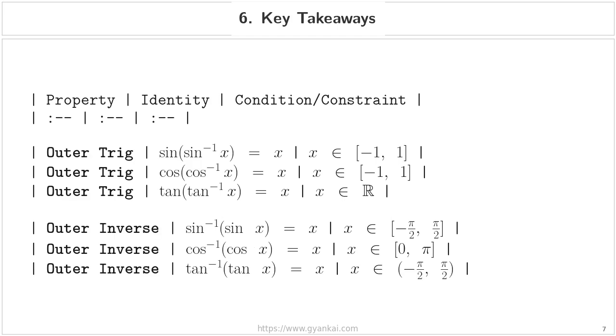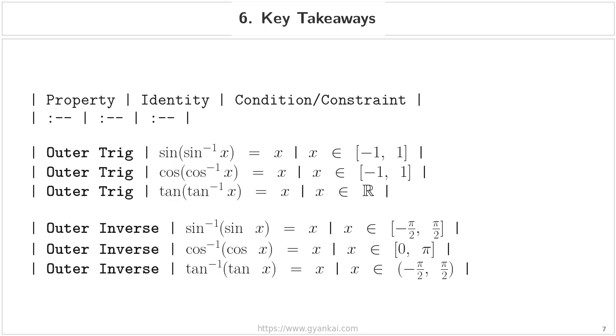Now, let's move to the bottom 3 rows, where the inverse function is the outer function. Please recall our lock and key analogy and the warning against blind cancellation from the previous slide. In these cases, the result is only x if the angle falls within the specific principal value branch. First, the inverse sine of the sine of x equals x, but only if x is between -π/2 and π/2, inclusive.